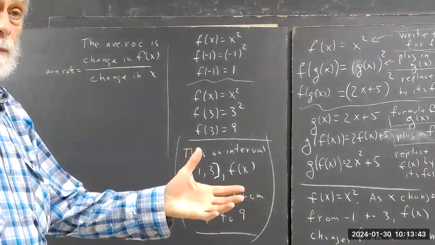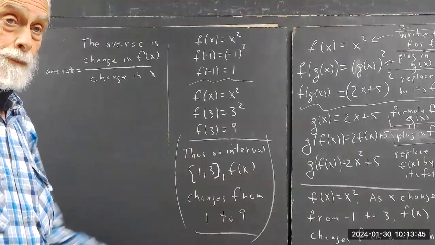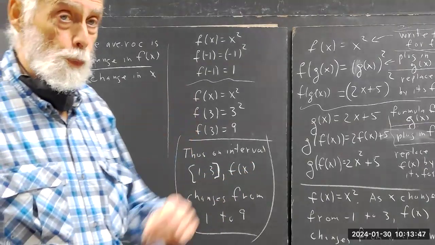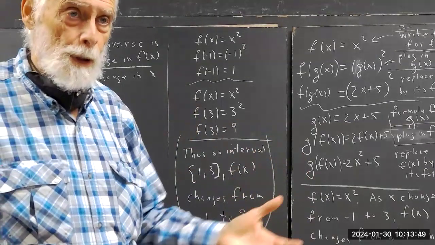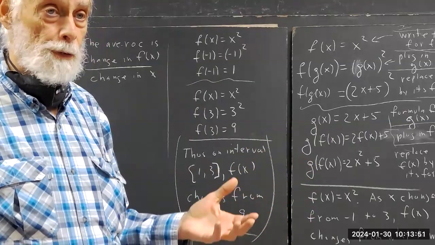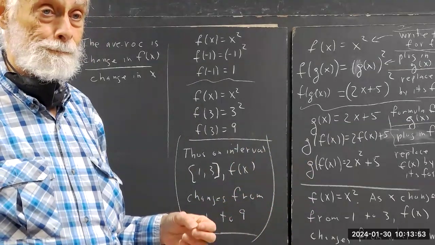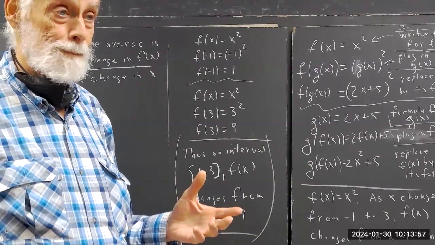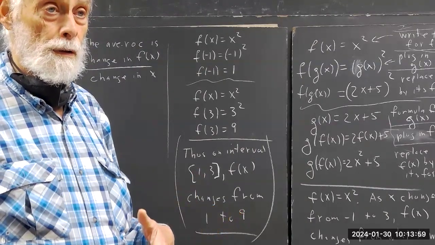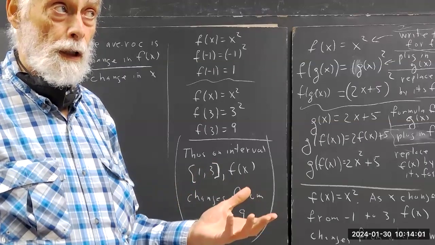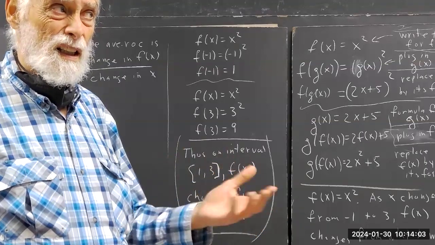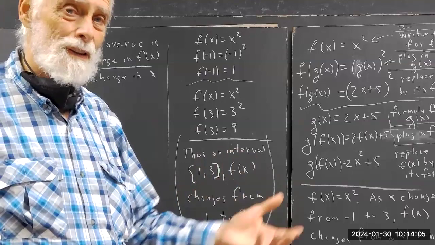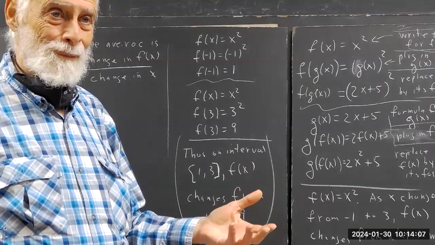How much changes that? If something changes from 1 to 9, by how much did it change? Can you hold up fingers and tell me? If you got $1 and then you got $9, how much did your money change by?